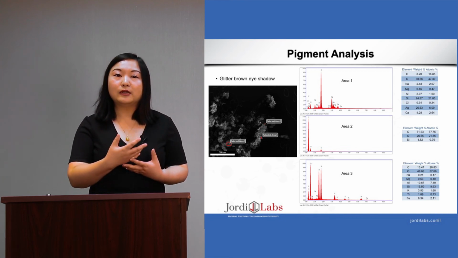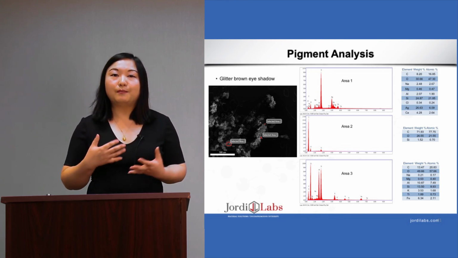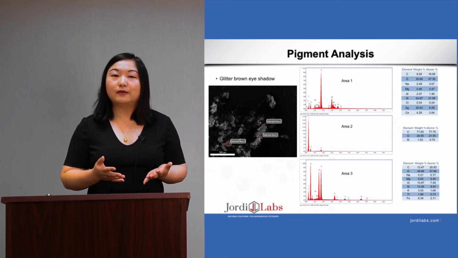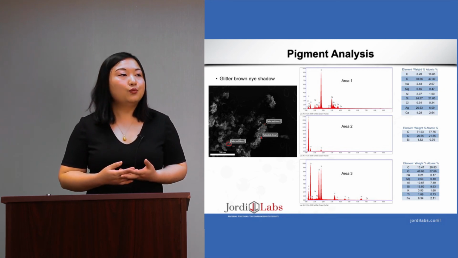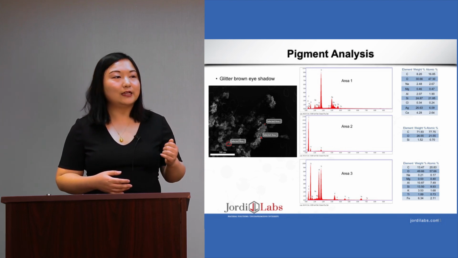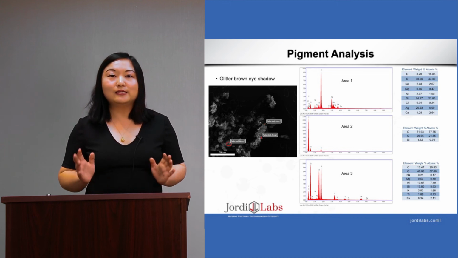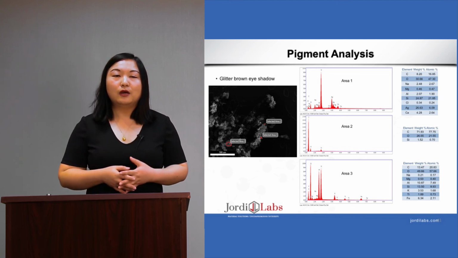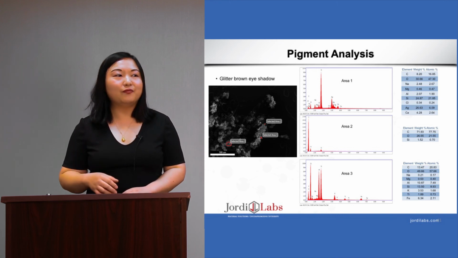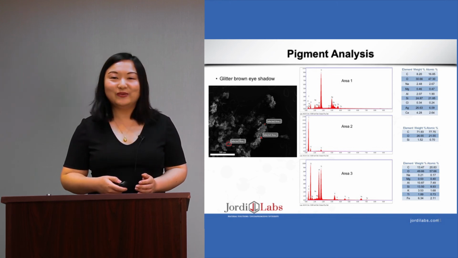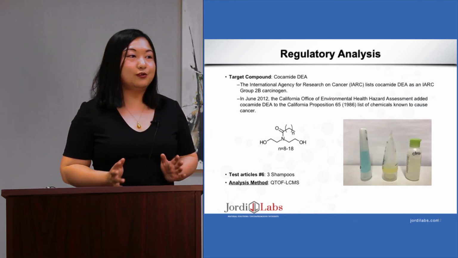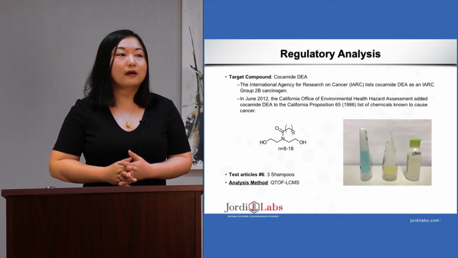Besides what we observed from the matte eyeshadow, where there's silicon, titanium and oxygen, we also observed some heavy metals in the glitter eyeshadow, which is silver. So I guess they just apply silver to make the glitter particles, and so it will shine on you and make you look pretty.